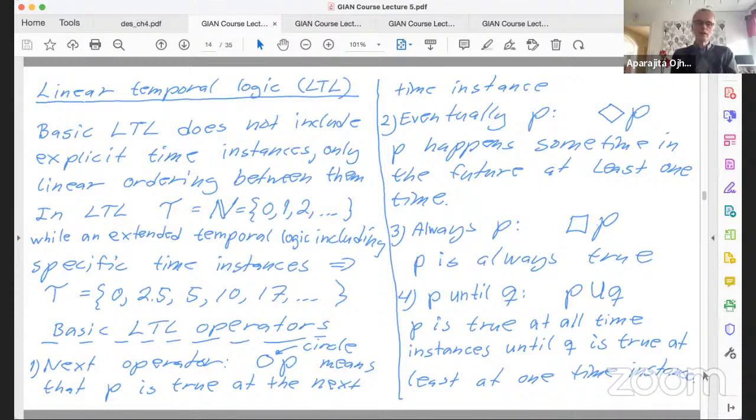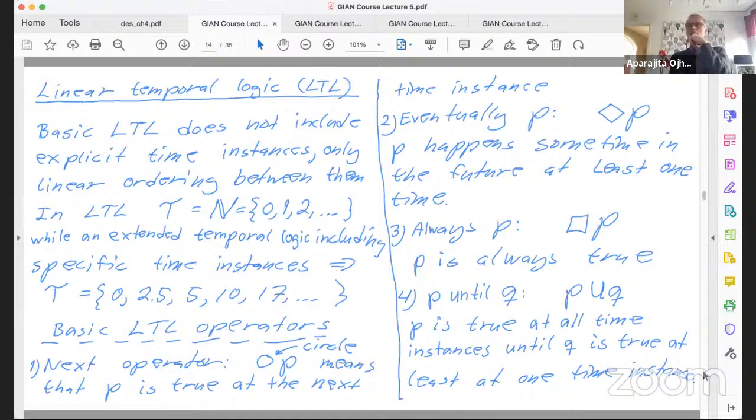On the other hand, it is possible to extend, for instance, LTL with specific time instances. Like then we have said that the first time instance is 0, the second one is 2.5, the third one is 5, and then comes 10 and 17. And then these time instances are exactly, say, 2.5 seconds, 5 seconds, 10 seconds, or some other unit.